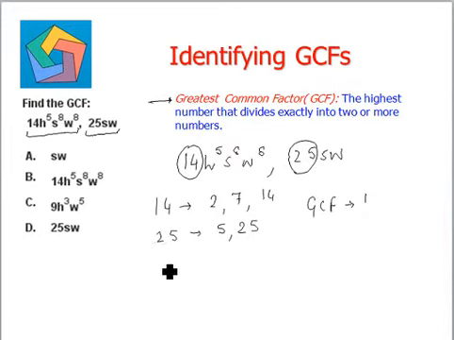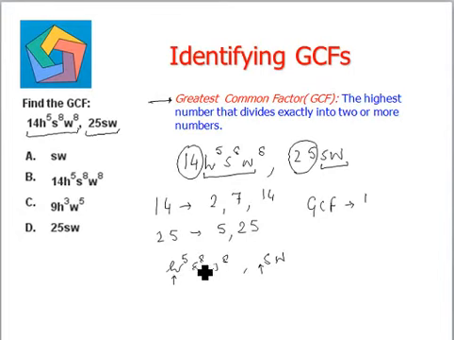Now looking at the variables, the GCF of the variable part can be found independently. We have h^5 s^8 w^8 and the other variable part is sw. We first find the lowest power of each variable, which forms the GCF. We have h to the power of 5 over here, while h does not exist here, so we do not consider h in the GCF.